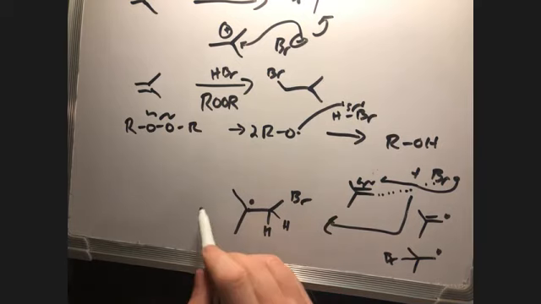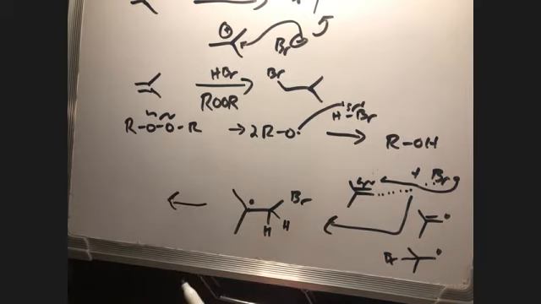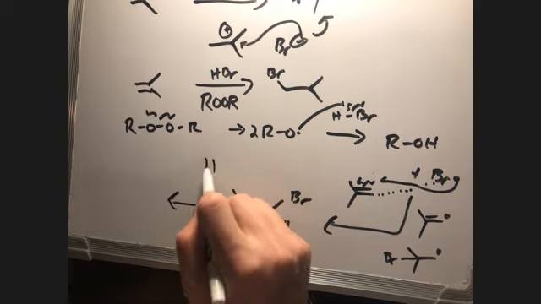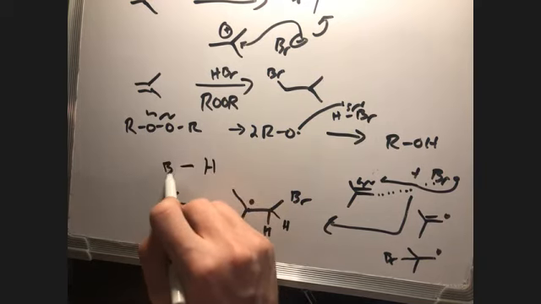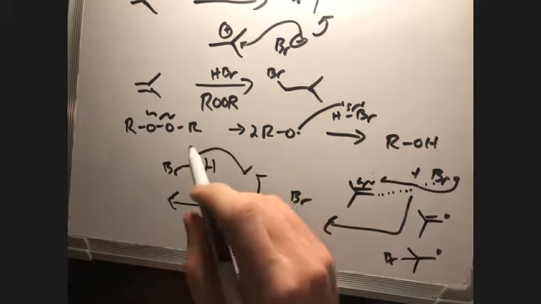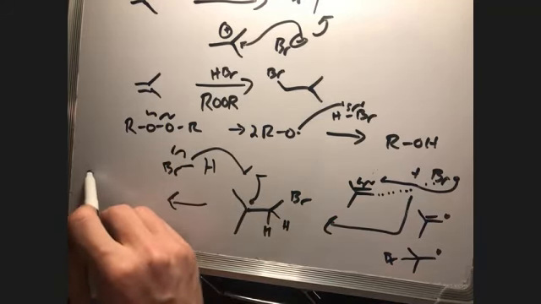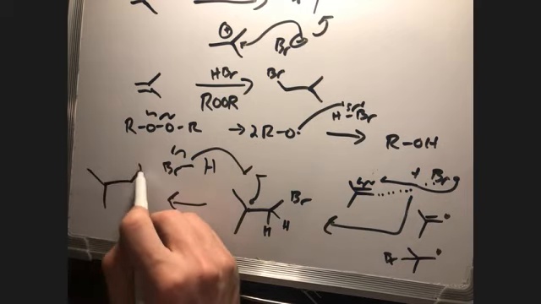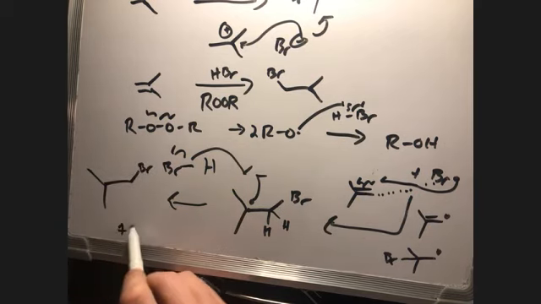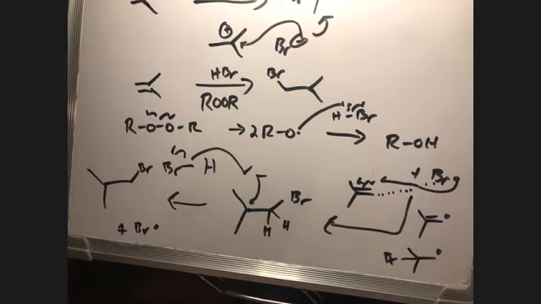Then you can have this get quenched with HBr. Like this, reform the radical, and then you would get the anti-Markovnikov product, and you reform the bromine radical, which can then react again with another equivalent of the starting alkene.